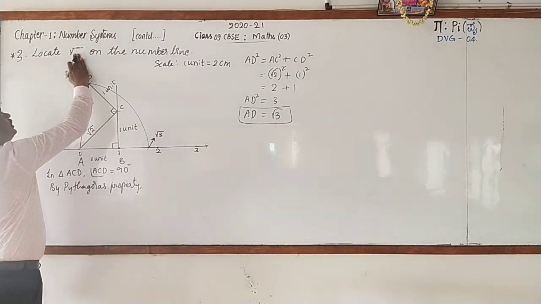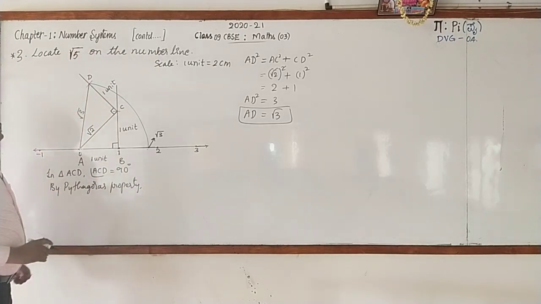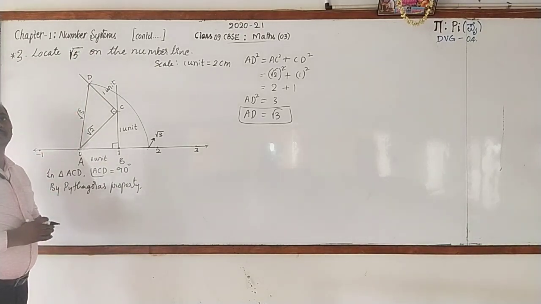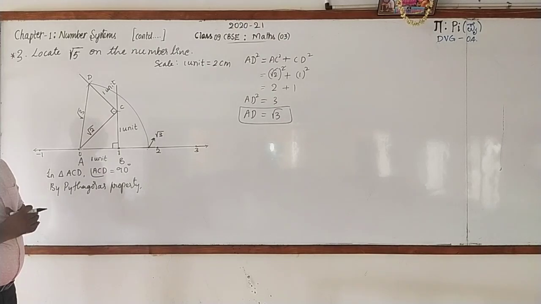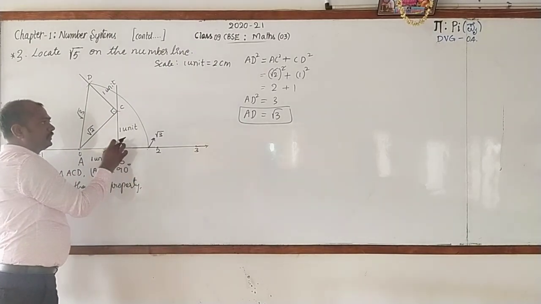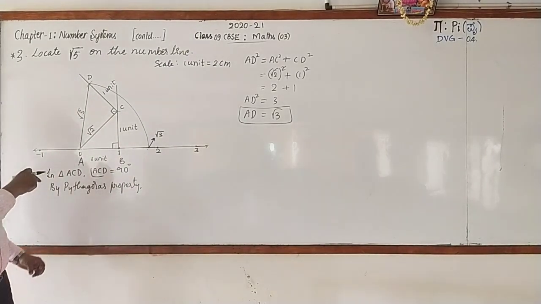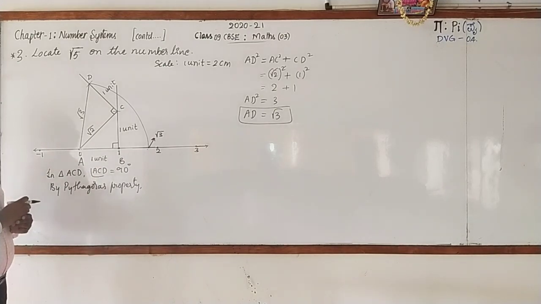This time we are going to locate root 5 on the number line. How to locate root 5 on the number line? Again, same thing. If you want to locate root 5, first you have to construct up to root 4. To construct up to root 4, you have to construct root 3.